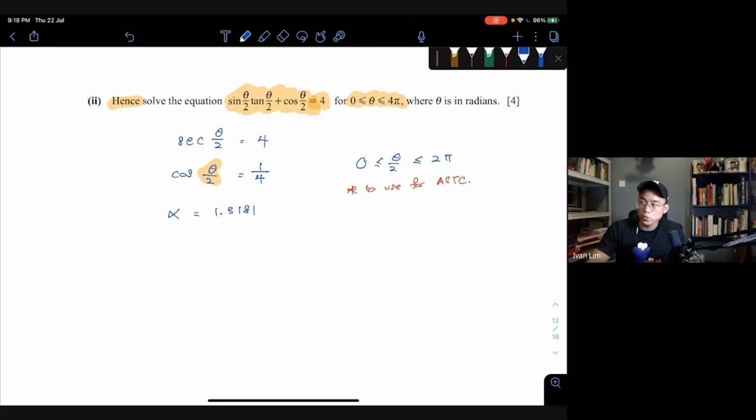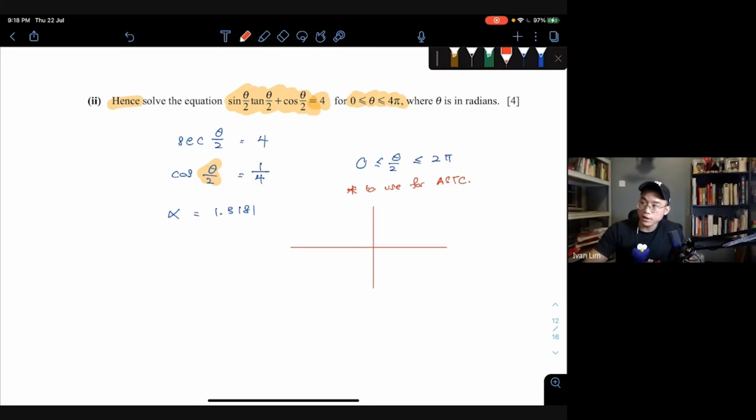Now we look at whether it's positive or negative, so we draw our ASTC graph out. Which quadrant is it at?